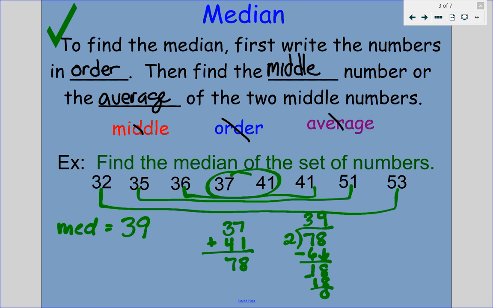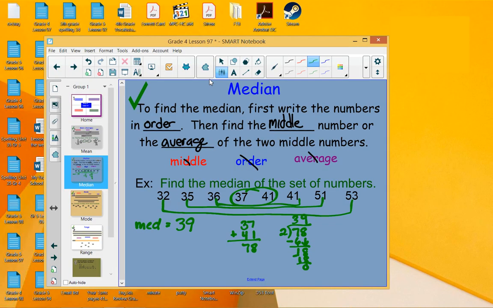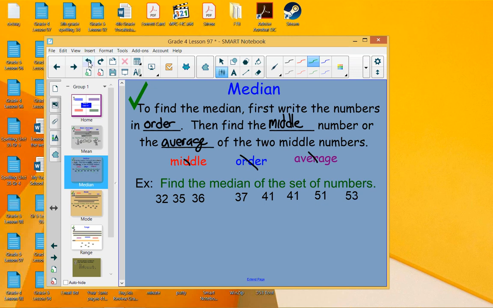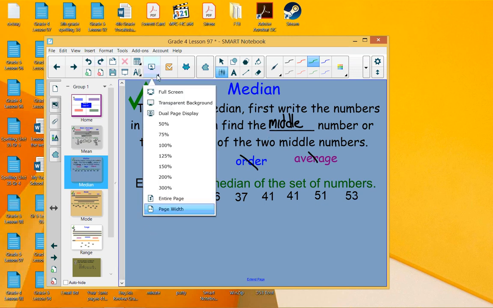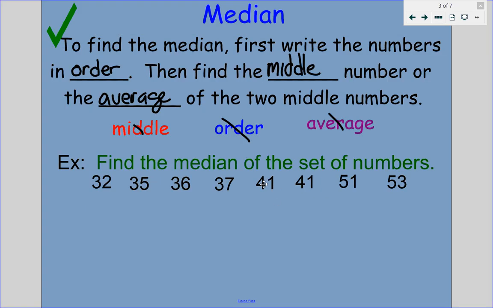Okay? So that's what we do if we're going to do it with an even number set of data. Let's take a number out of there and look at it with an odd number set of data. So I'm going to go backwards and clear this out. This time, let's just take out one of those 41s.